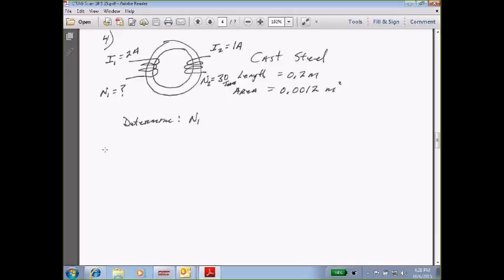Okay, so N1 times 2 amps plus 30 times 1 amp would be equal to 750 ampere turns times 0.2 meters.